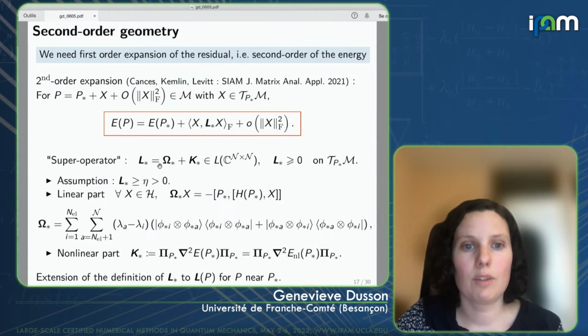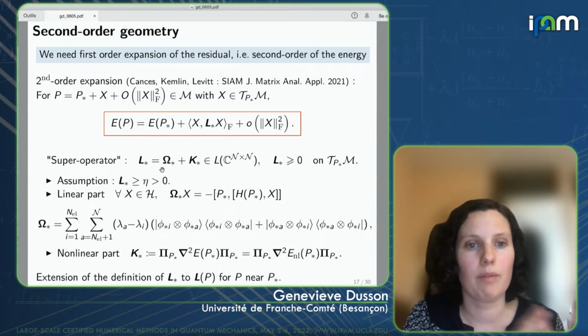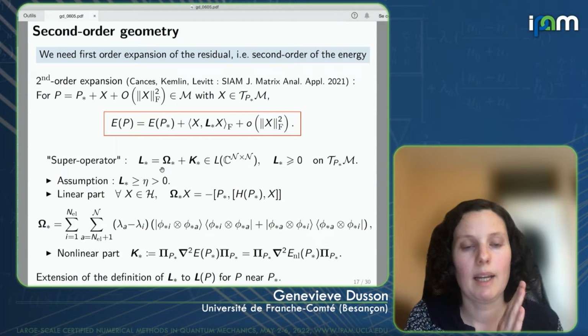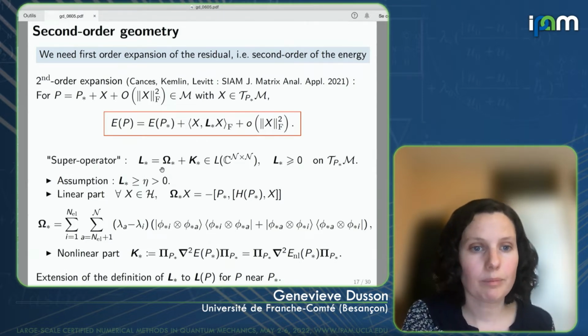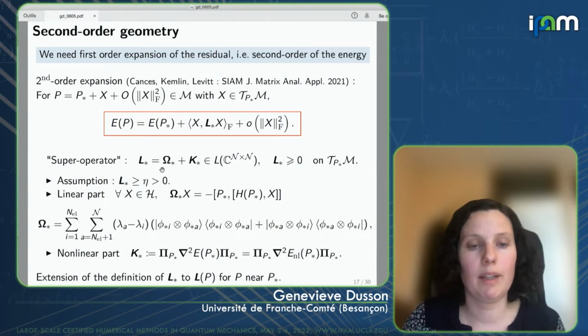Okay, and this super operator is composed of two parts, the same thing as before. We have the part that comes from the linear part of the Hamiltonian, and then the nonlinear part.